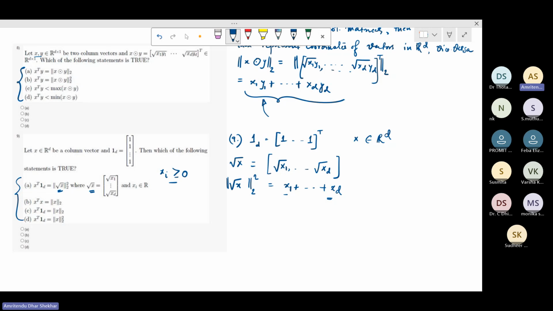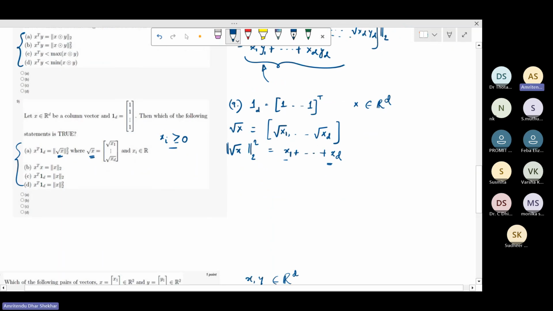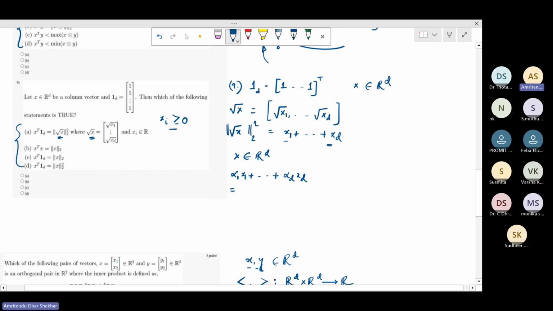So one quick tip to note is that if x is some vector and you're writing an expression like alpha 1 x1 plus through alpha d xd, then one way to look at an expression of this kind is to write it as a product of two matrices.